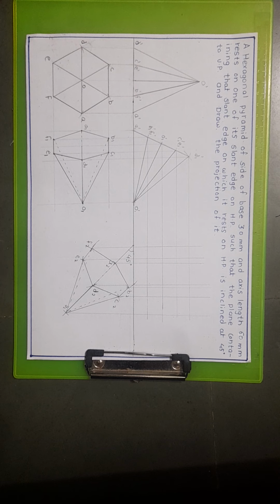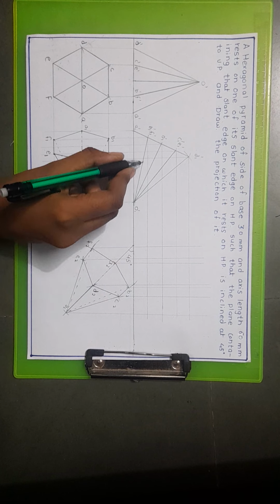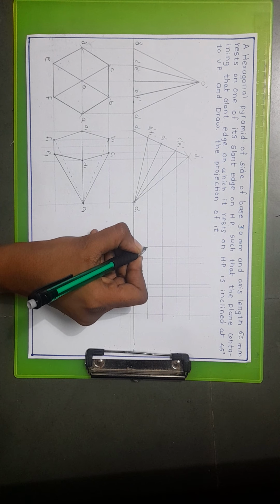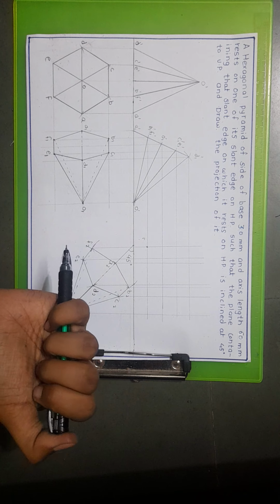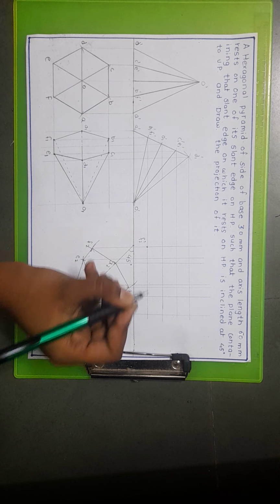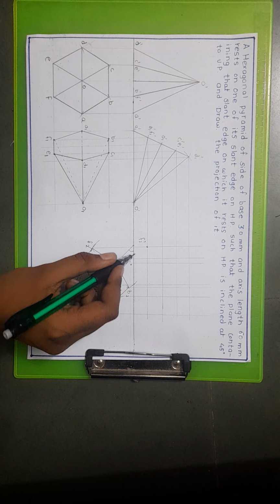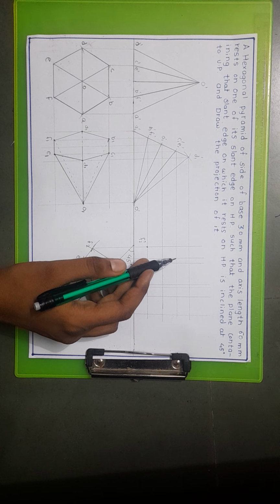So I will take the point from F2 and F1 dash, which will be F2 dash. From E2 and E1 dash it will be E2 dash.